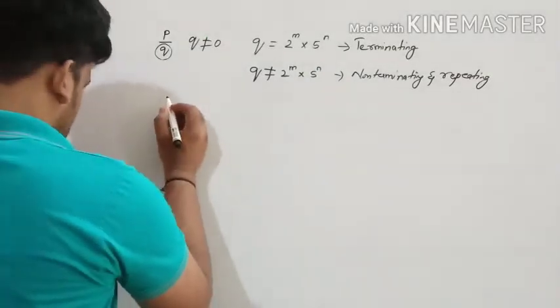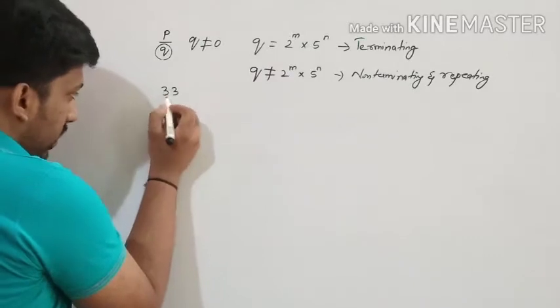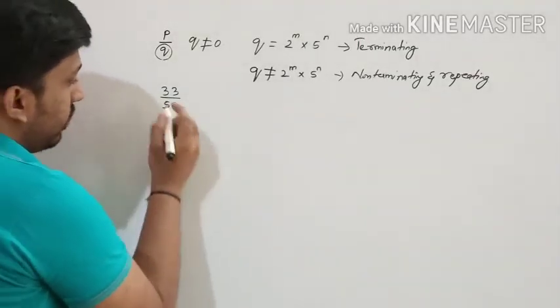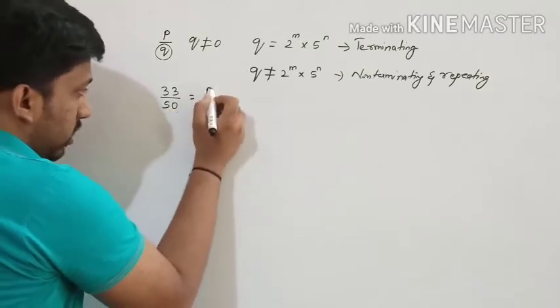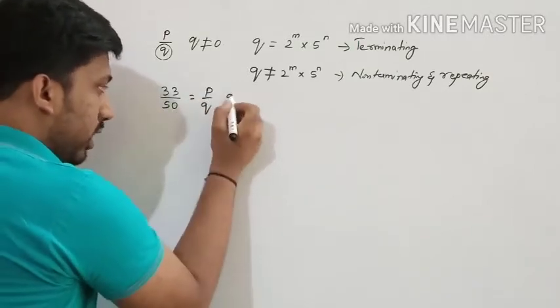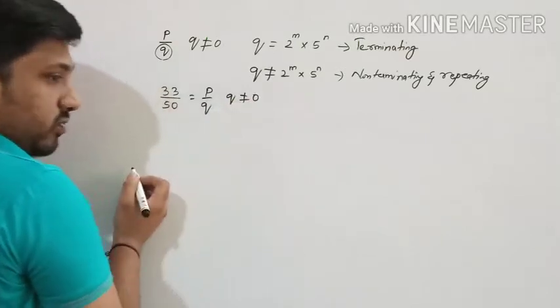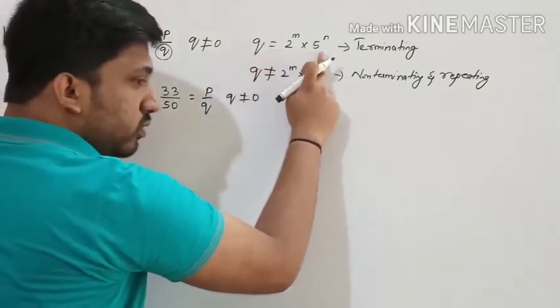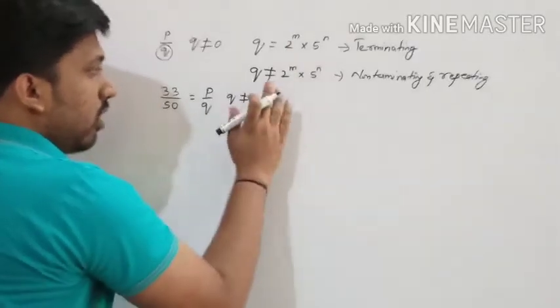So I can take some number like 33 by 50. So here this 33 by 50, this is in the form of p by q, where q is not equal to 0, the first condition satisfied. Now what I am going to do, I am going to check whether q is in the form of 2 to the power of m into 5 to the power of n or not.